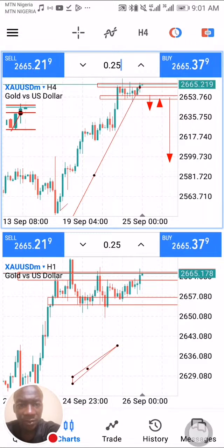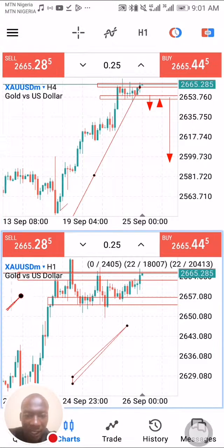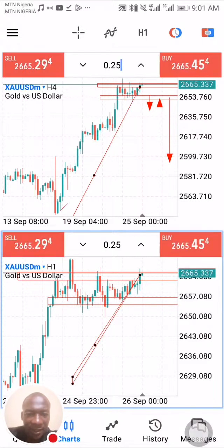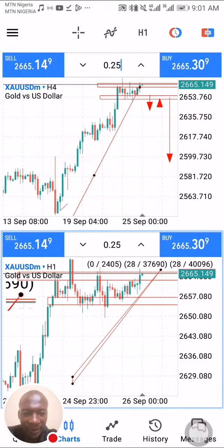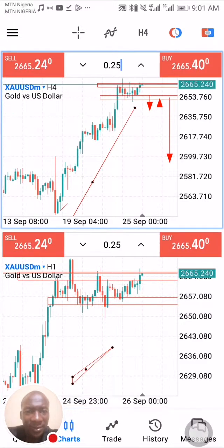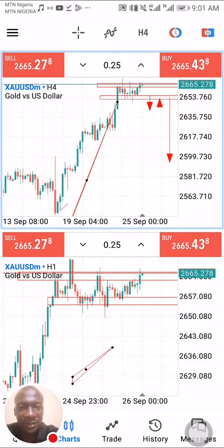And if you scale down to the 1-hour, you can see this. I'm not really saying this is a break. We need a clean break above the level. So this 4-hour candle closed, but it didn't close strongly like this. You can see the range of this candle.